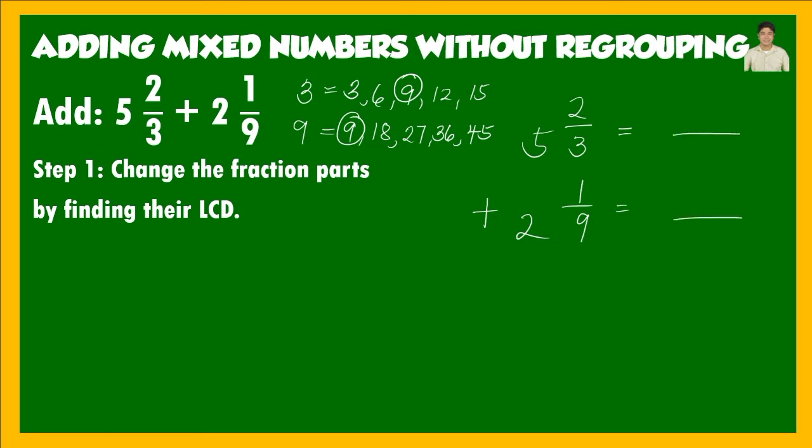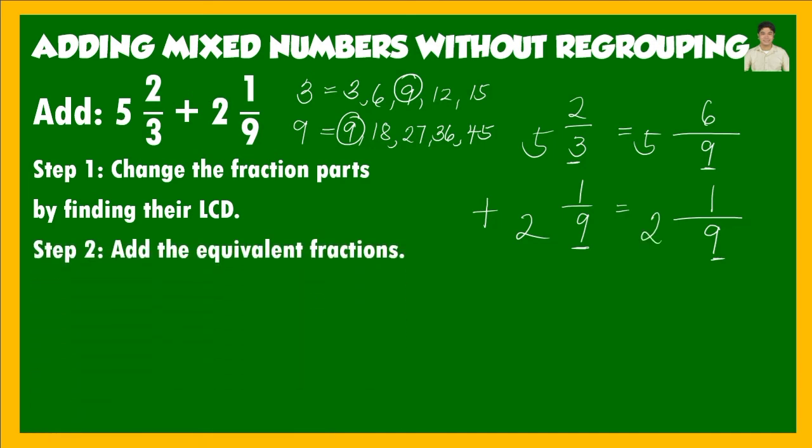So, yung denominator pareho ay 9. So, 9 divided by 3, we have 3. Times 2, we have 6. Next, 9 divided by 9 is 1. Times 1, 1. So, ayan. Naging similar fractions na sila.